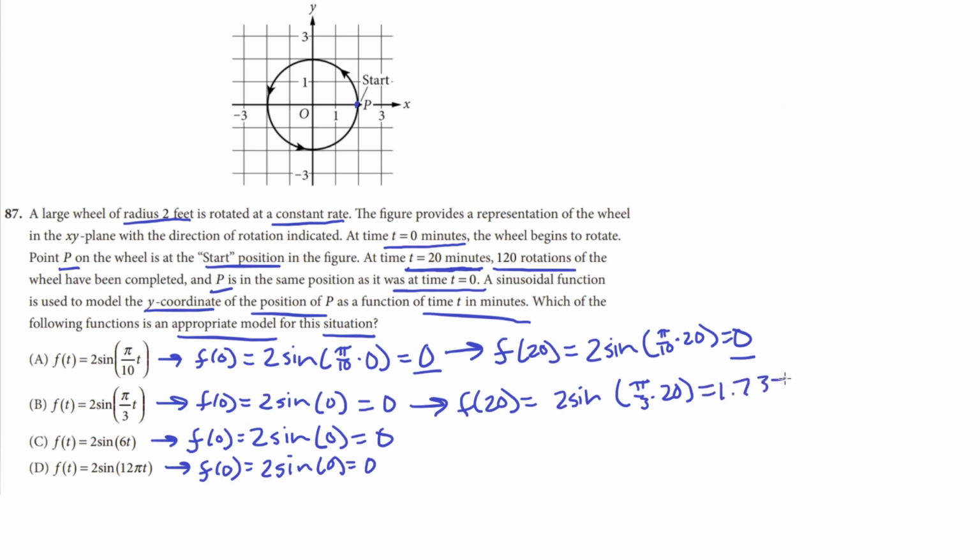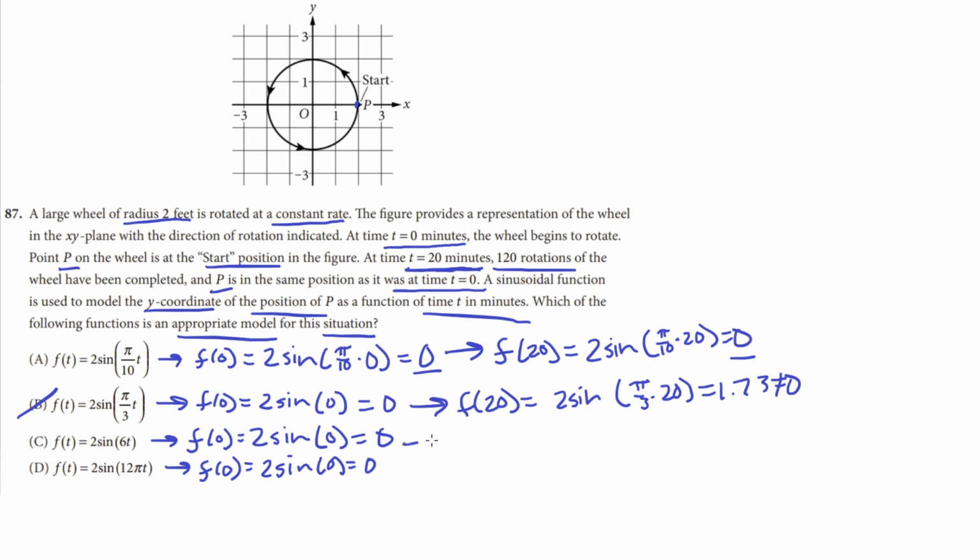We get 1.73, which is not equal to 0. So we can rule out answer choice B, because after 20 minutes the function needs to return back to 0, because P is in the same position as it was at time t equals 0 when t equals 20.